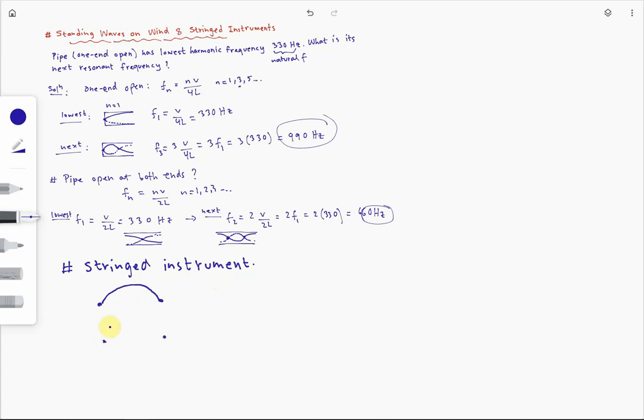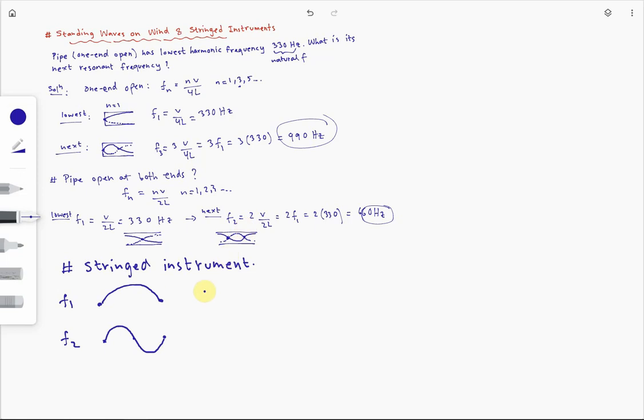So this is the lowest, F1. This is the next harmonic. We see that this is half a wave and this is one full wave, similar to what we had for the pipe open at both ends, where the first harmonic was half a wave and the second harmonic was one full wave.